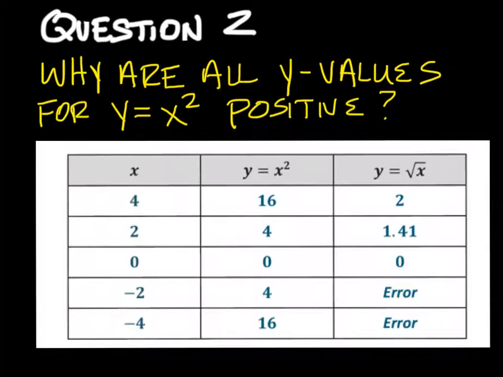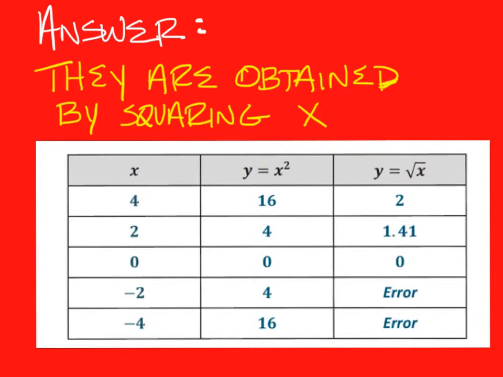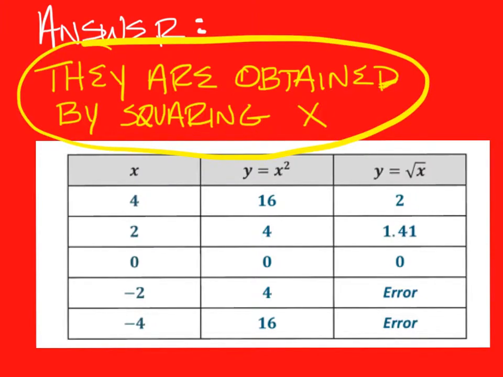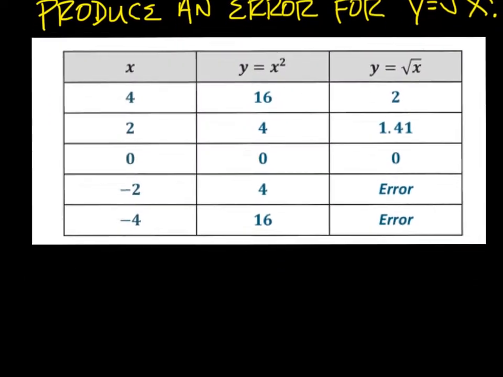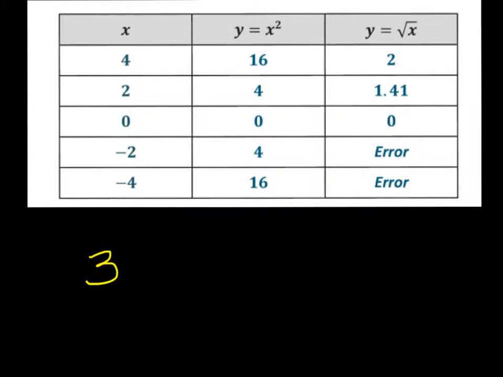Why are all y values for y equals x squared positive? The y values are all positive for the x squared because they're obtained by squaring x. Why do all negative x values produce an error for y equals the square root of x? If I'm squaring this, I'm multiplying it by itself, 2 times.